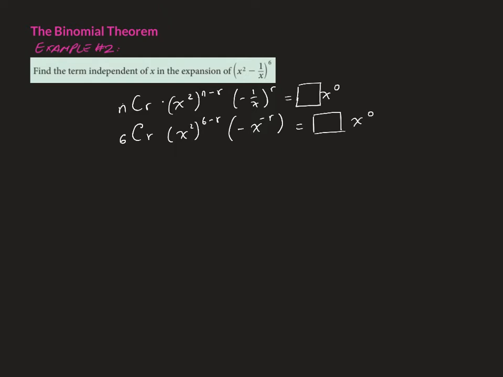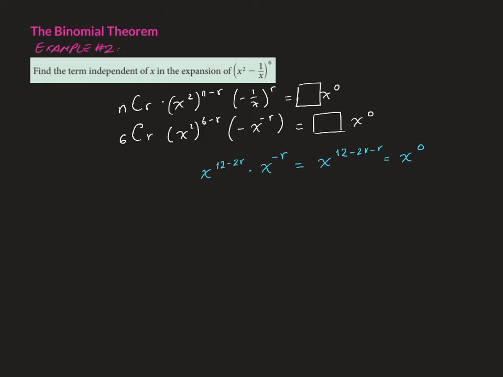So now I want to focus on the power of x. x squared to the power of 6 minus r becomes x to the power of 12 minus 2r, and I'm multiplying that by x to the power of minus r. Since we have the same base, it remains, and the exponents are added together. So 12 minus 2r minus r should be equal to x to the power of 0.